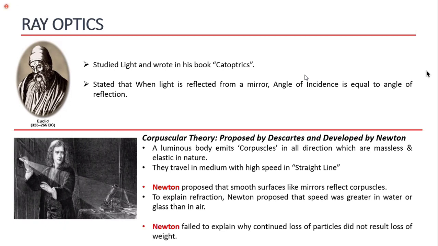V1 by v2 is equal to lambda 1 by lambda 2. At that time only I said your frequency remains same, isn't it? Because your velocity is changing and your lambda is changing, hence your frequency will remain constant. Understood?